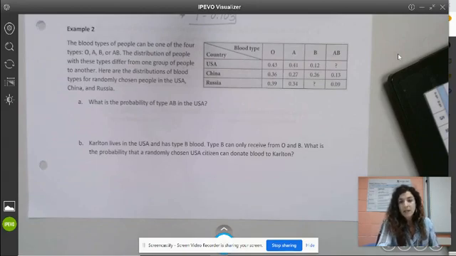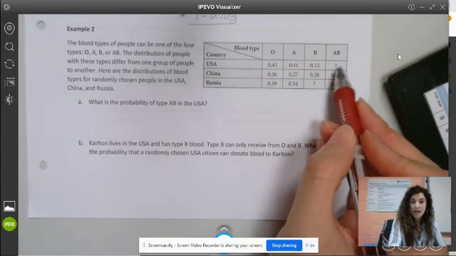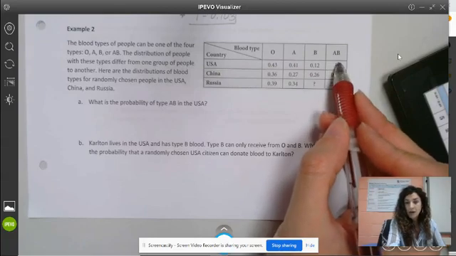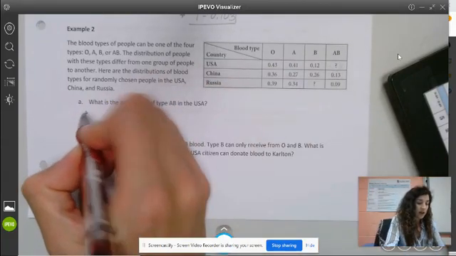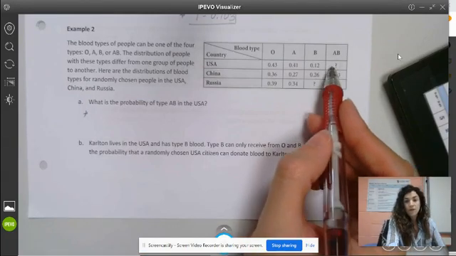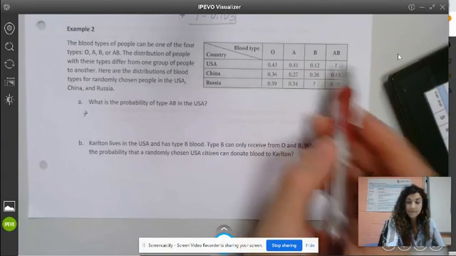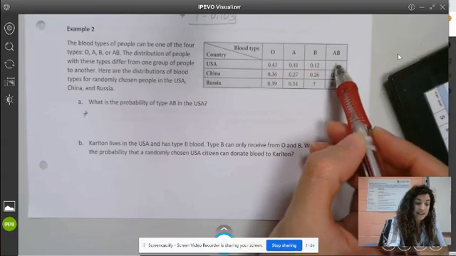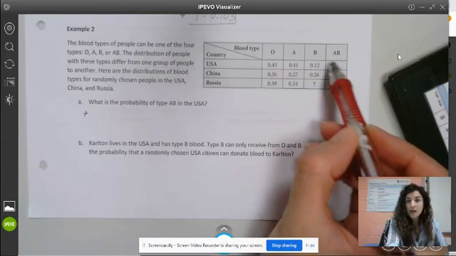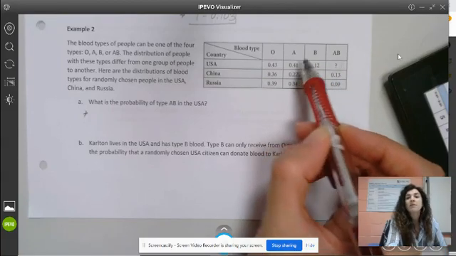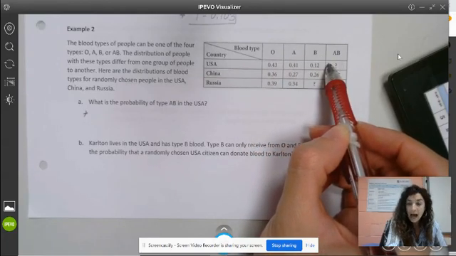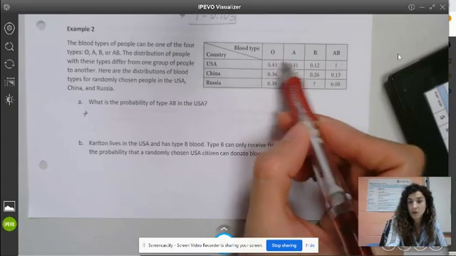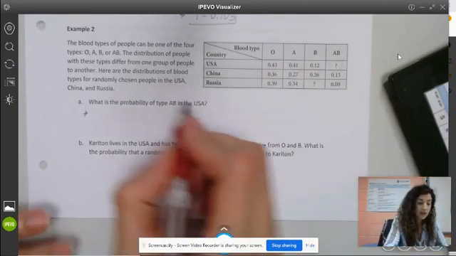It first asks, what is the probability of AB in the USA? And notice that it is left out. What do you think is going to be the strategy here in terms of solving for AB? Notice it's the only one that's left out for the USA, which means that this probability, this probability, this probability, and the left out probability have to add to 1 in order to total up to 100%.